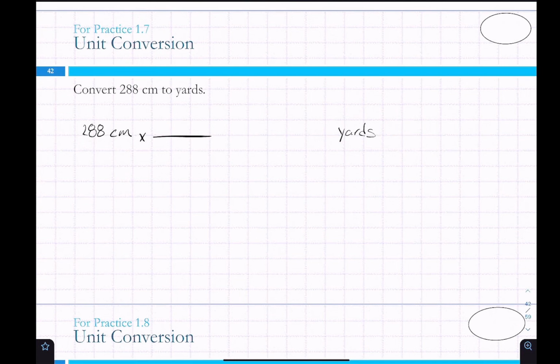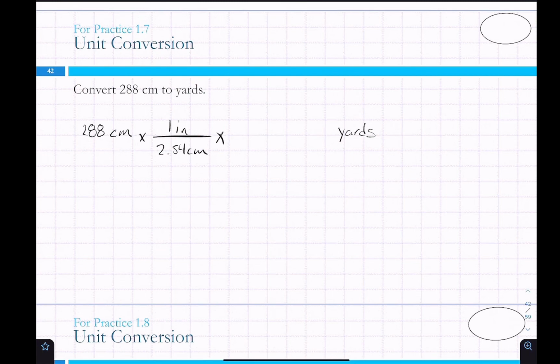All right, so do I put the 2.54 centimeters on top or bottom? Bottom. And then 1 inch on top. Okay, so we're now in units of inches. So we want to go from inches to yards. I think there's two ways we could do this. 36 inches in a yard.